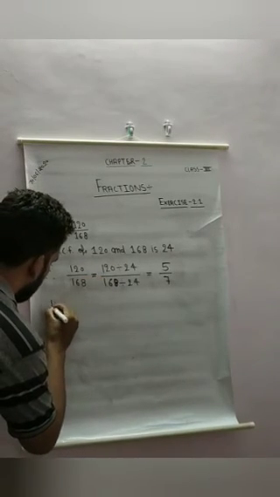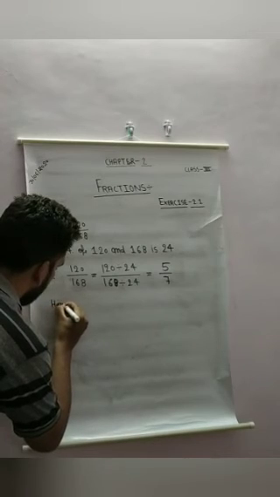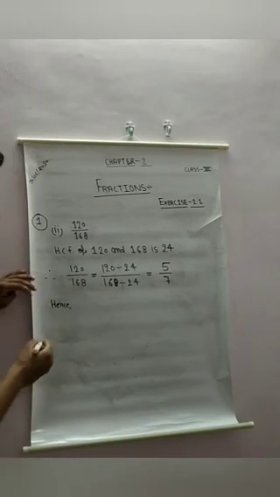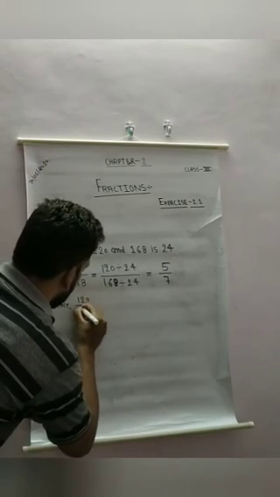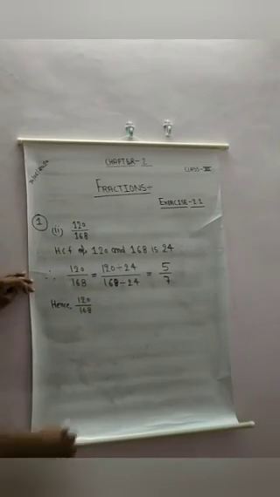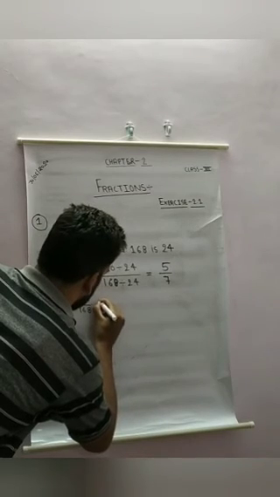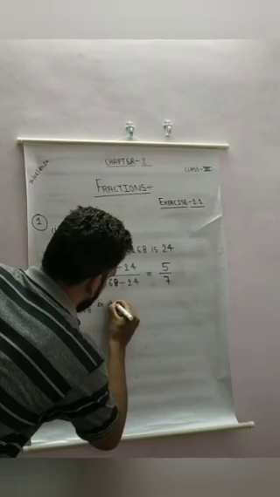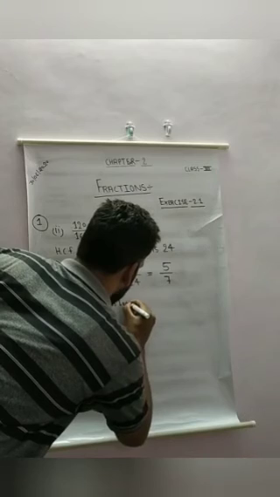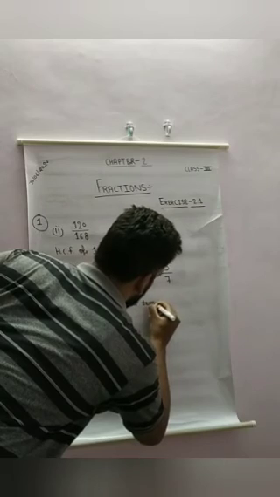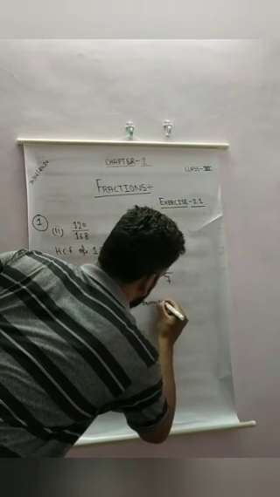Hence, 120 upon 168 in its lowest term is 5 upon 7.